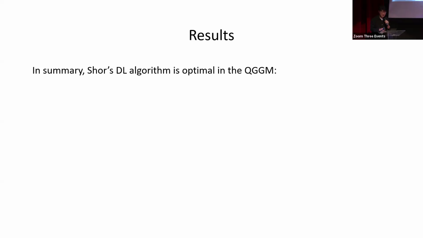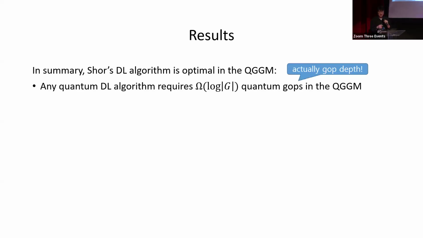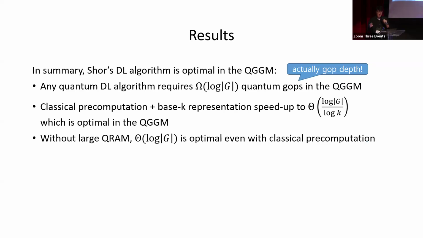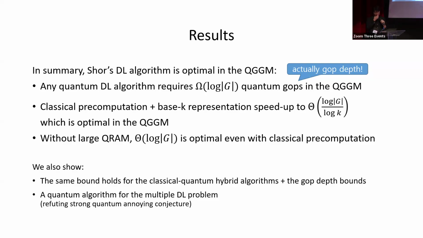So in summary, our research shows that Shor's discrete logarithm algorithm is optimal in the quantum generic group model, and we have a quite tight lower bound which shows everything is optimal. I only talked about classical pre-processing, but our actual result includes classical-quantum hybrid algorithms, like a small classical algorithm, then a quantum algorithm, then classical, then quantum.